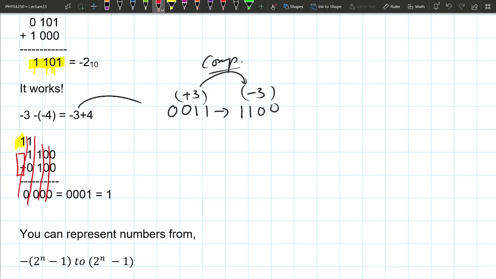And this last digit here, the extra digit, gets carried. Where does it come from? The 1 plus 1? Well, 1 plus 1 always gives you 10. Just like 5 plus 5 gives you 10, there's always a carry.